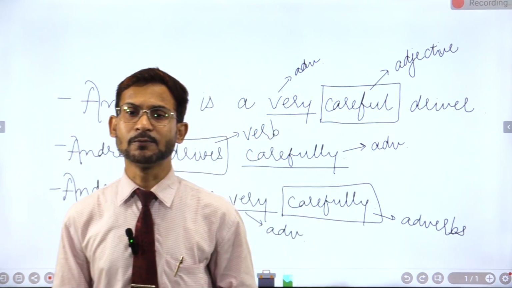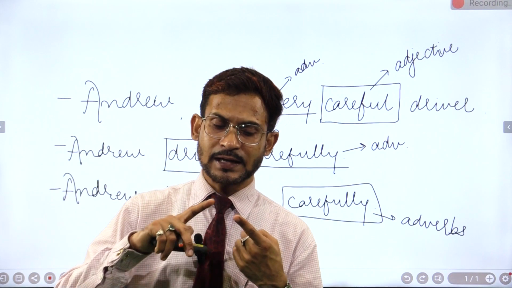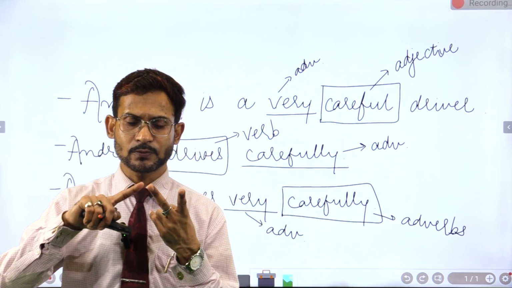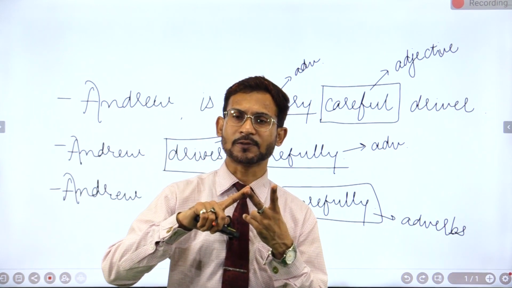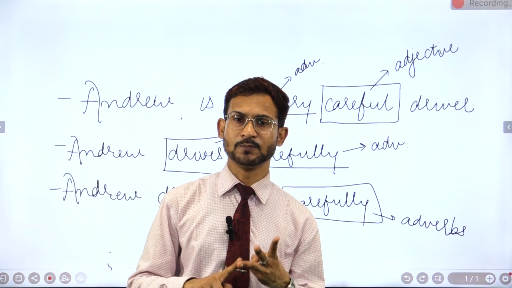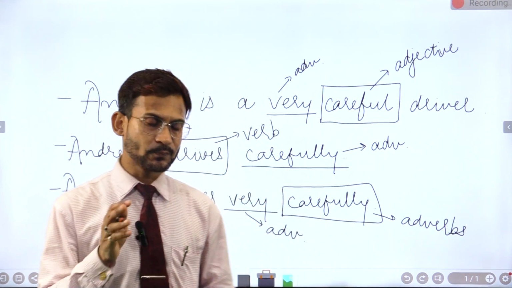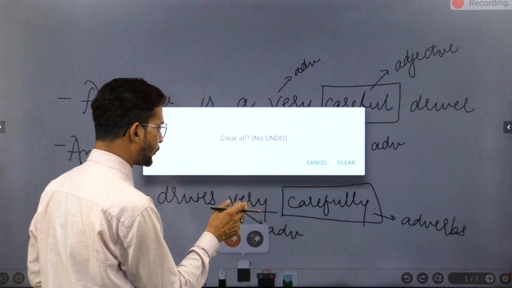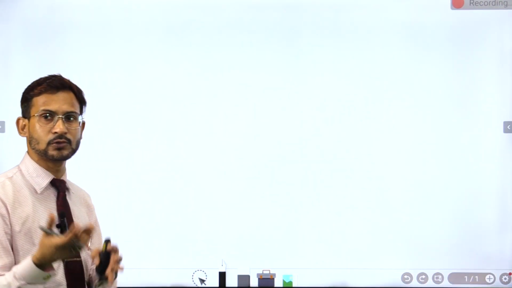What is the purpose of adverbs in English? An adverb actually modifies an adjective, an adverb actually modifies a verb, and an adverb modifies another adverb. Right? So we can actually conclude three things out of this.